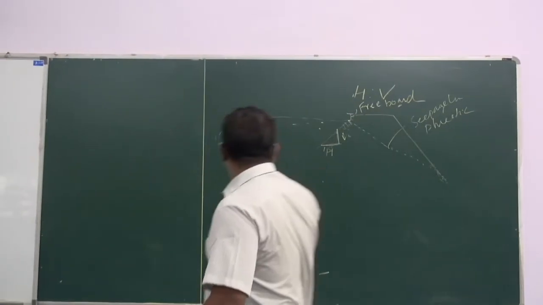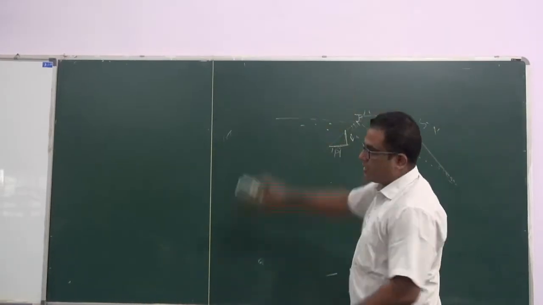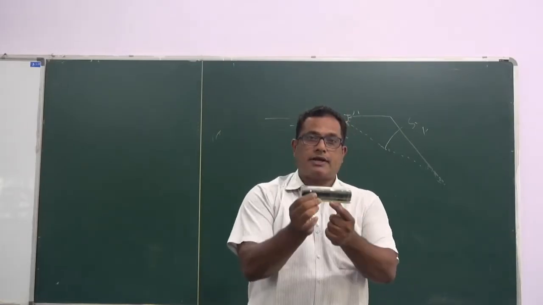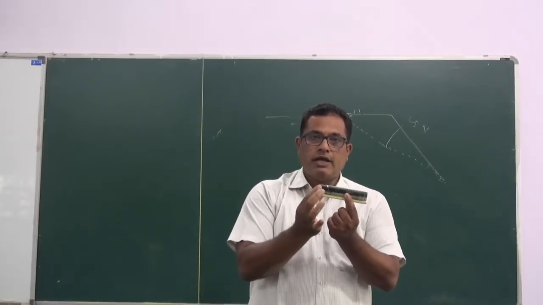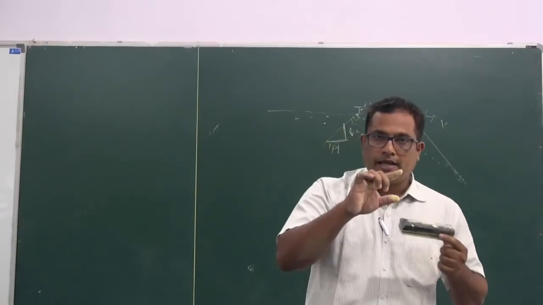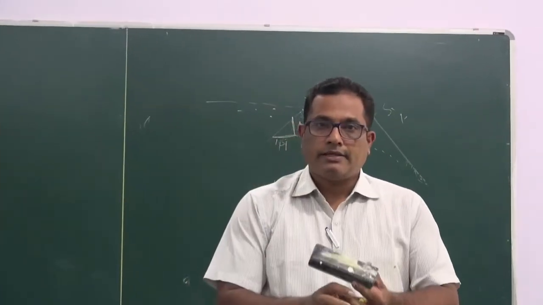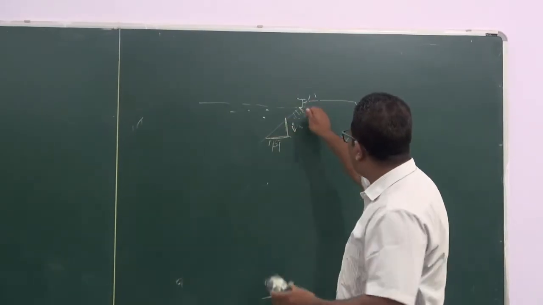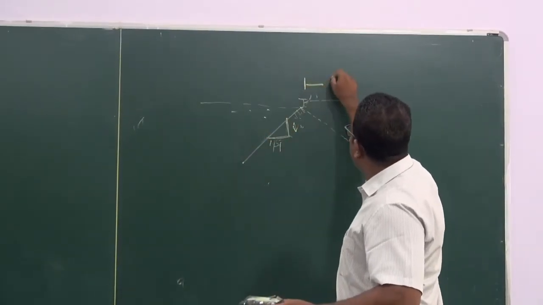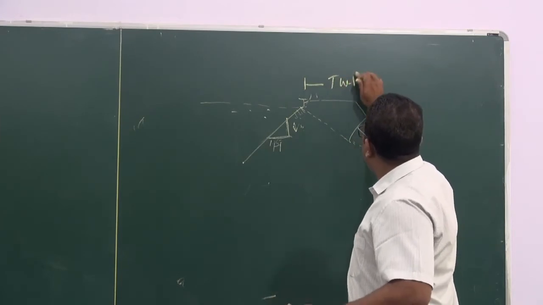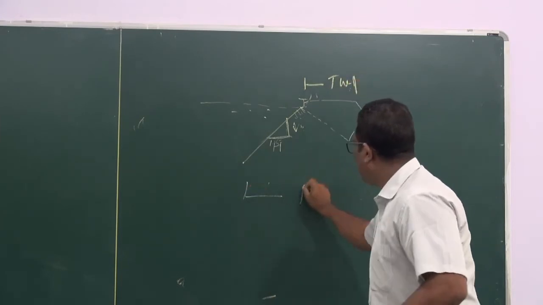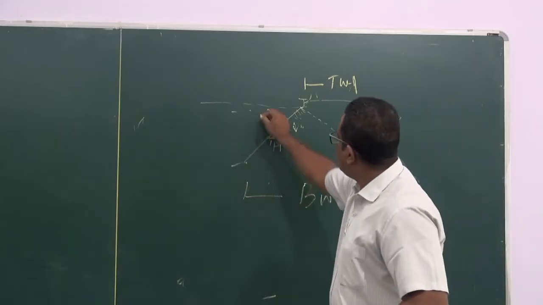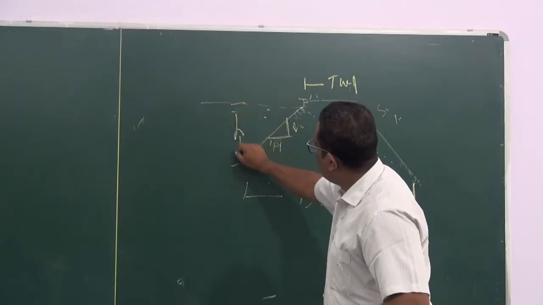Now again, the design consideration is the cross-sectional area. For a rectangular shape it is length by width. In the case of a bund, it is a trapezoidal cross-section whose area has to be designed. This is its top width, this is its bottom width, and this is the height.